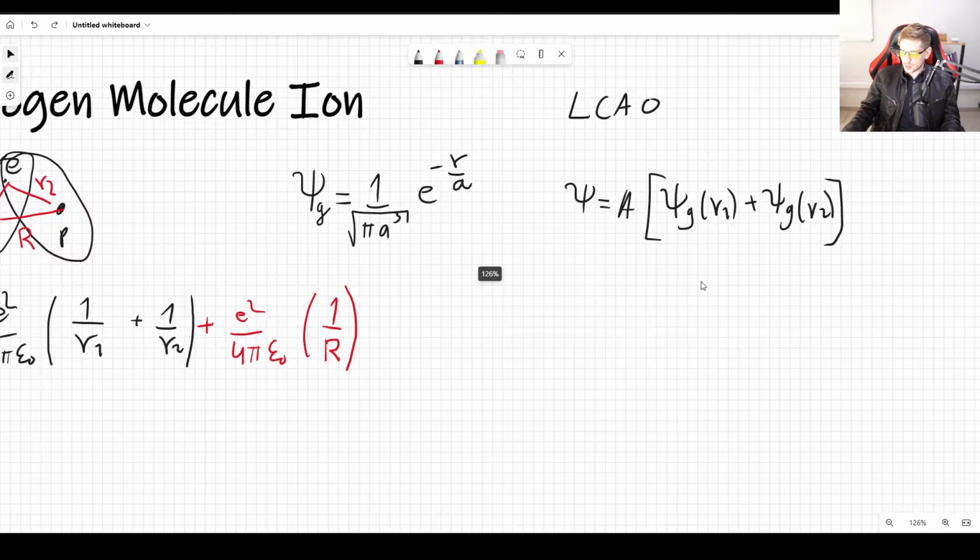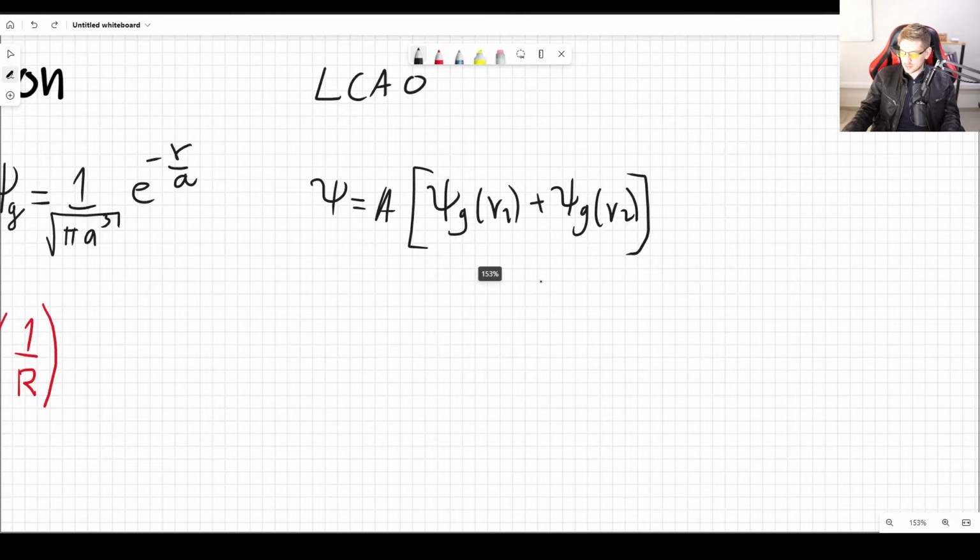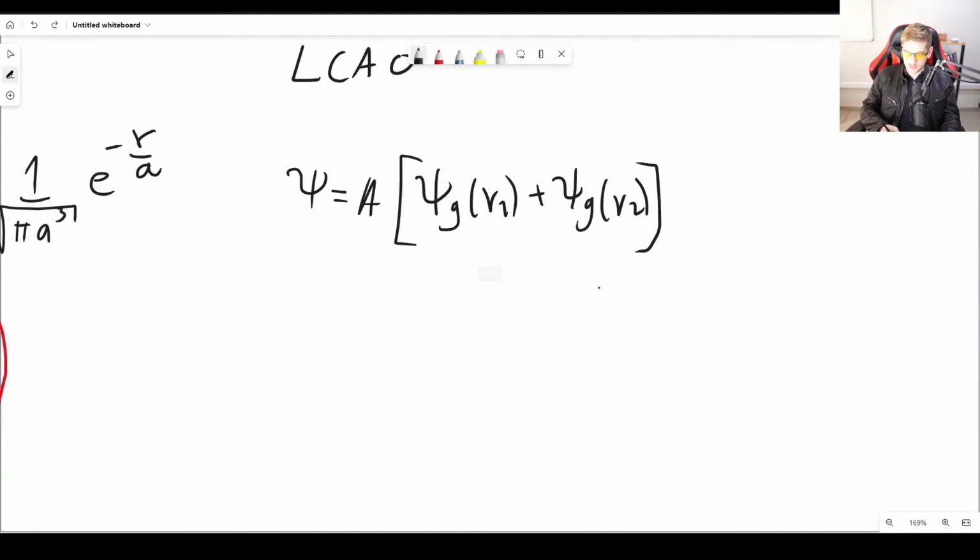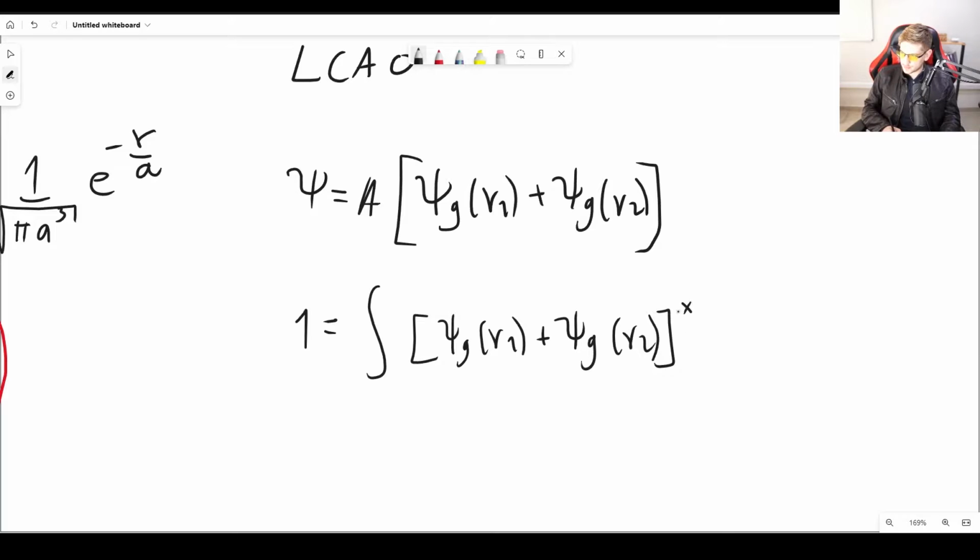Okay. So now, of course, we need to determine the normalization constant. Okay, what is A? So that will be done as usual. It will be a long process, I warn you. So 1 is equal to the integral of this thing conjugate, right? So psi g R1 plus psi g R2 conjugate.